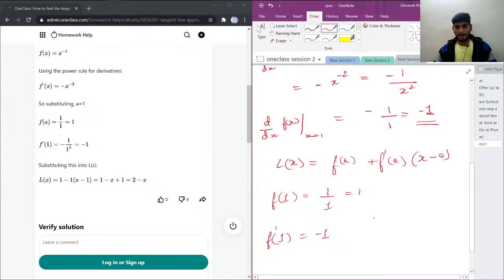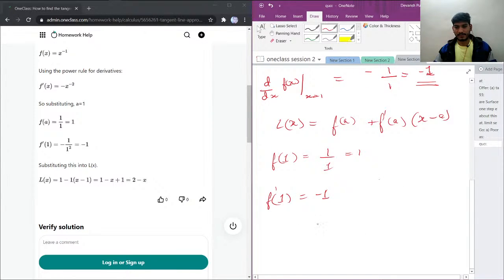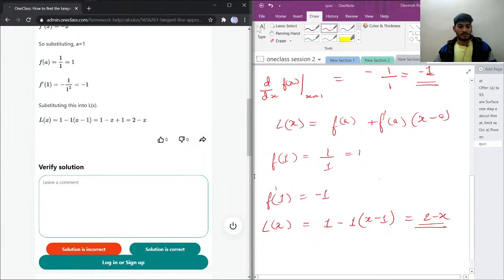So we have L of x equals 1 minus 1 times x minus 1, and this will be 2 minus x. So the solution given here is correct. Great job.